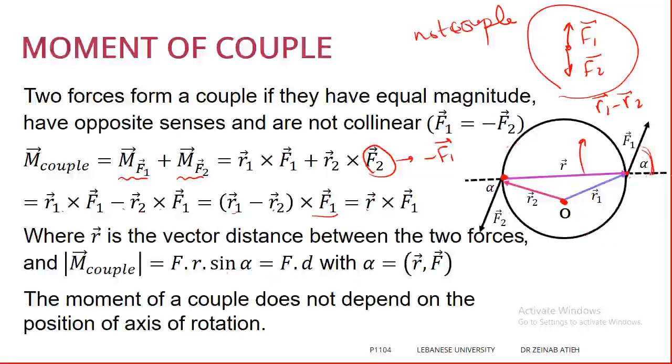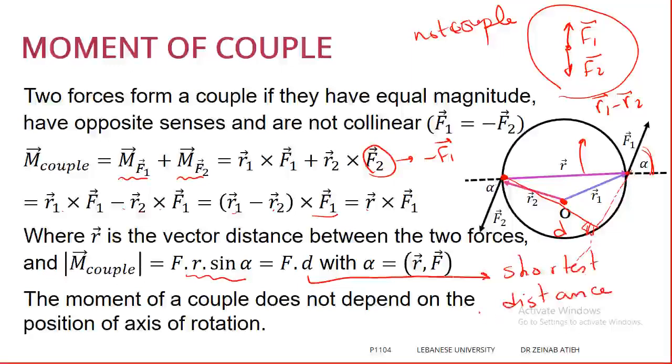Or for sure, you can replace R sine alpha by D, where D is the shortest distance between the two forces. So this is D. If I elongate, so this is D. Okay, D is the shortest distance between the lines of action of the two forces.